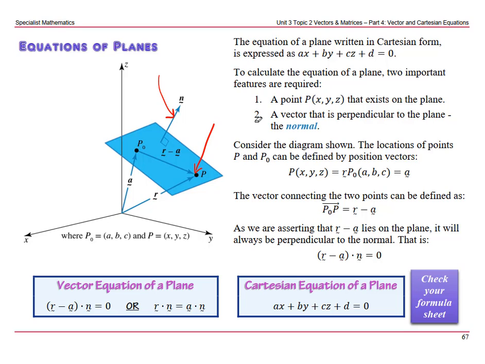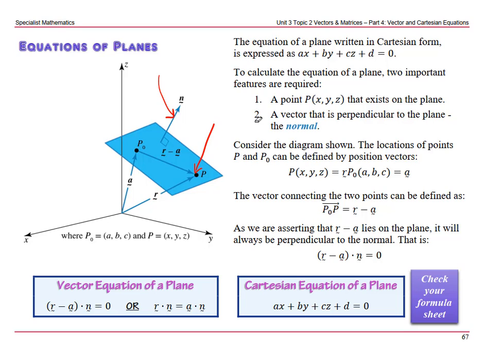So consider the diagram shown. The locations of points P and P0 can be defined by the position vectors. P(x, y, z) is r, and P0(a, b, c) is our vector a.